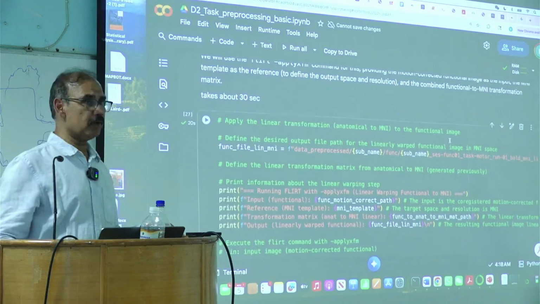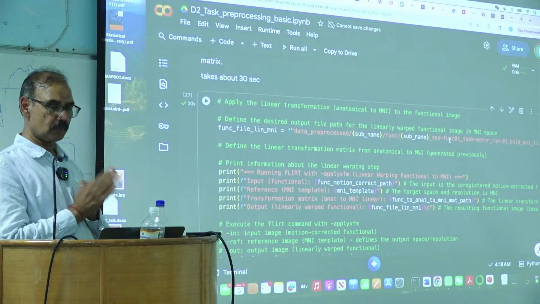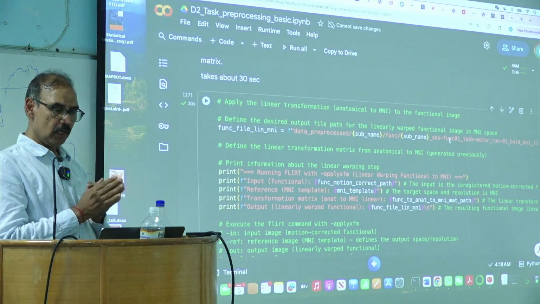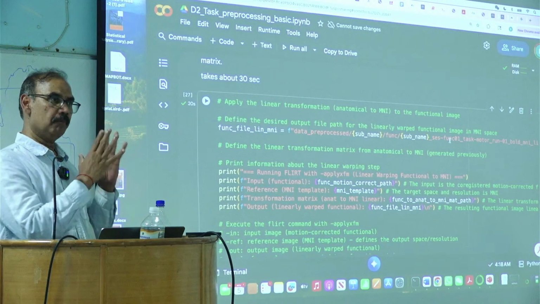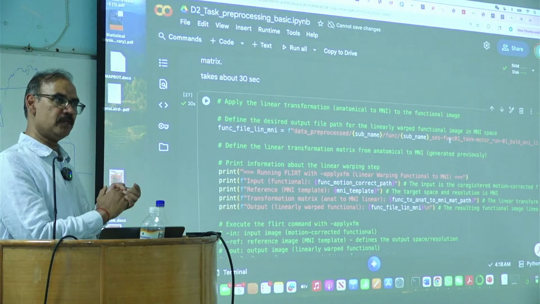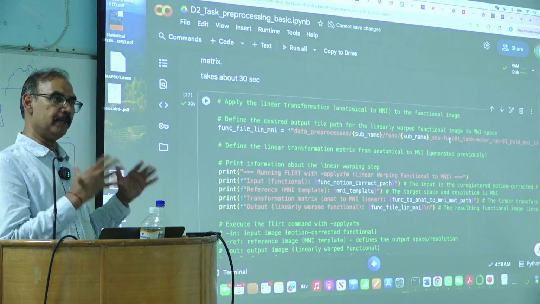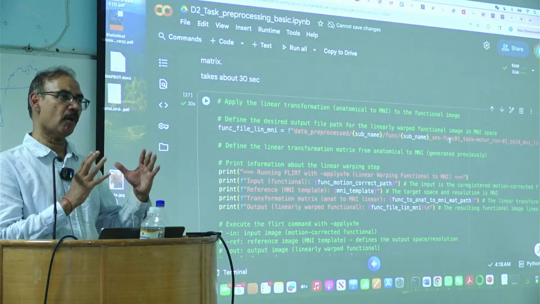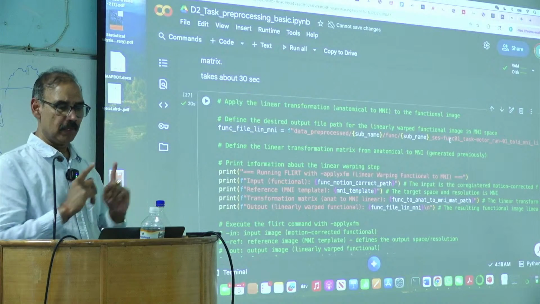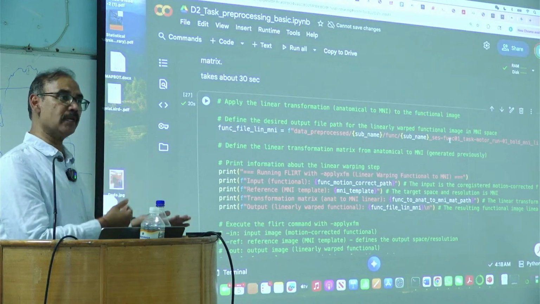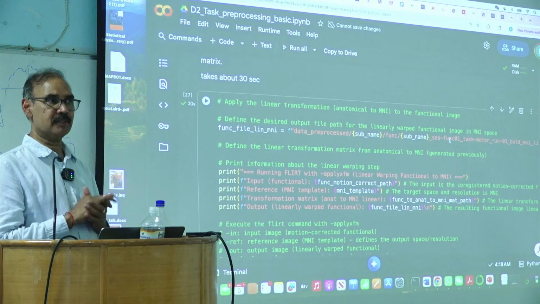So in here, what we do is we use the transformation, right? The affine transformation, which was obtained when we transformed the anatomical to the MNI template, and use it on the functional data. Why is that?